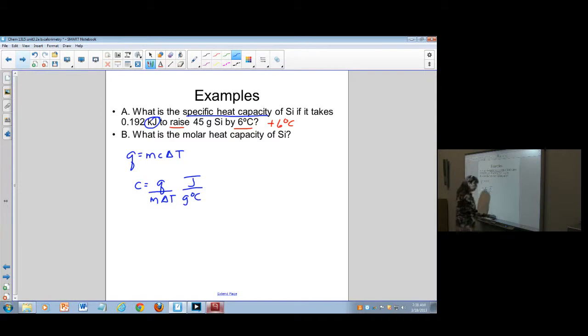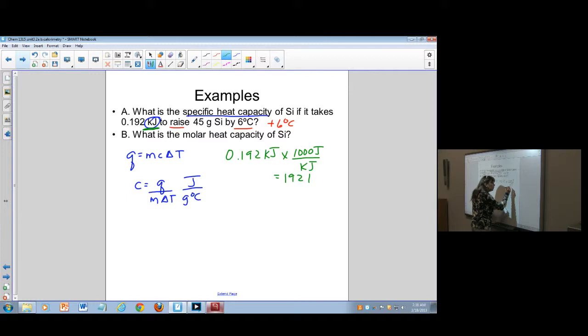So kilojoules is not what I want, but 0.192 kilojoules times 1,000 joules per kilojoule means that this is equal to 192 joules of heat.